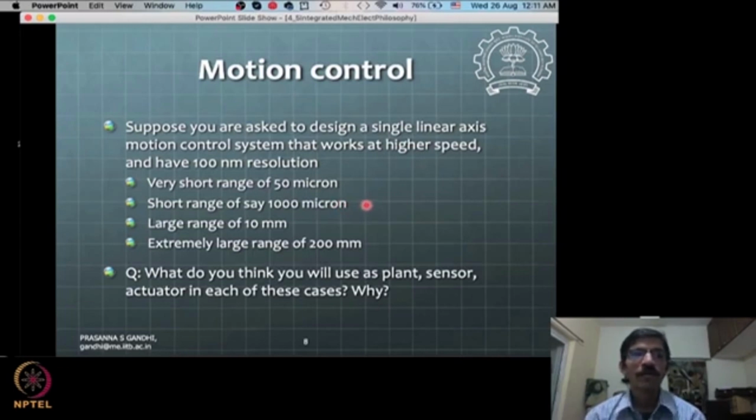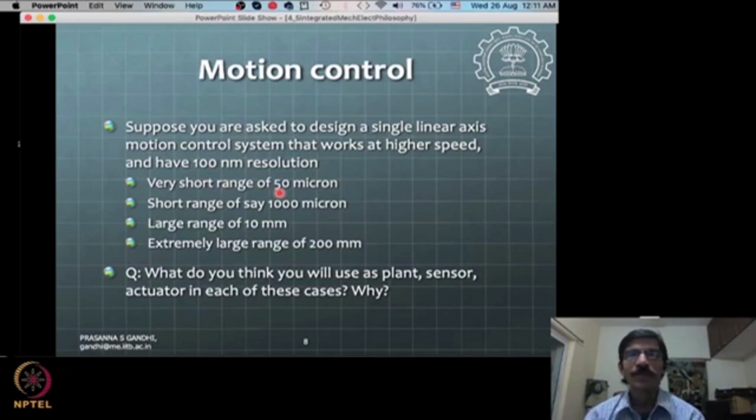If I want a much smaller range, I can still go for a compliant mechanism, but there can be an option here of piezos. Piezos have a very short range, and they may get you resolution better than 100 nanometer. Many times piezo resolutions can be in the range of about 10 nanometer.